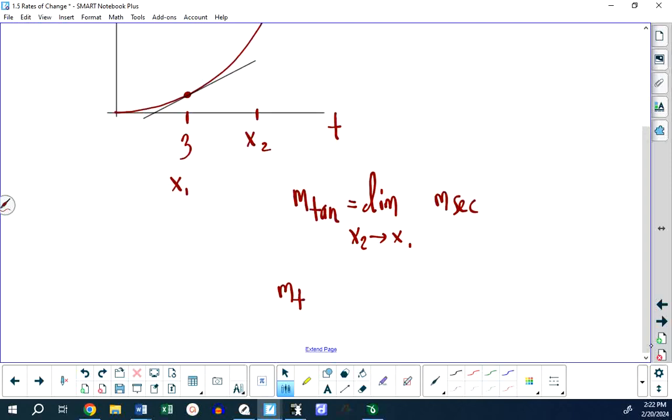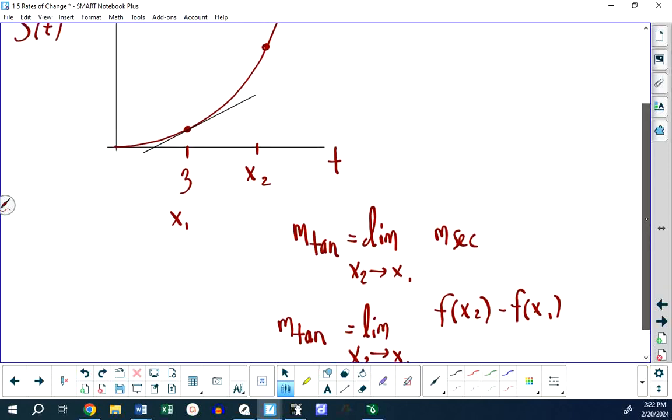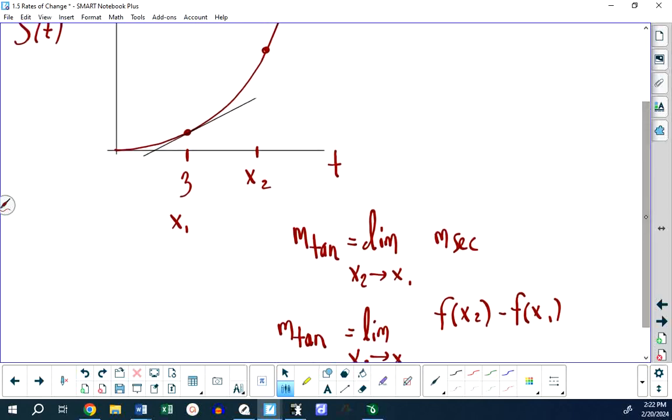The slope of the tangent, the instantaneous rate of change of y with respect to x, will be the limit as x2 approaches x1 of the rise, which will be that. And I can add a little bit more to this diagram if you like. And part of successfully doing math at this level is being able to construct diagrams as part of your solution.